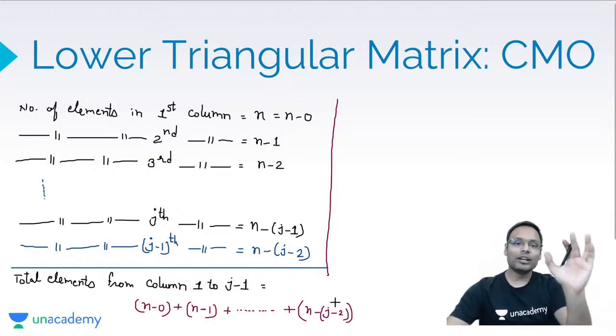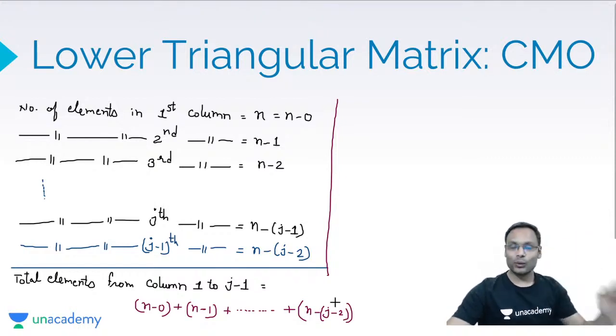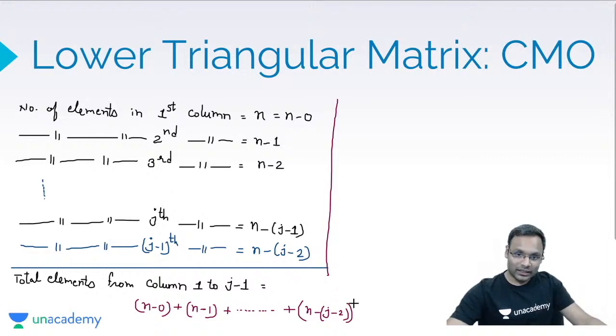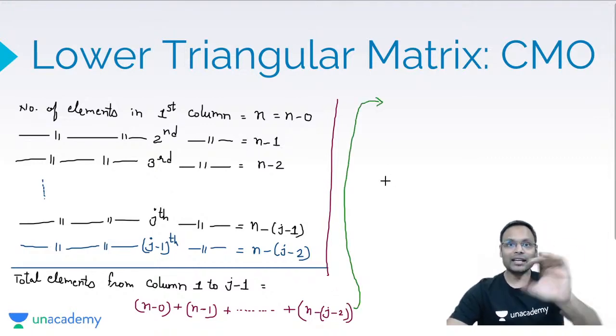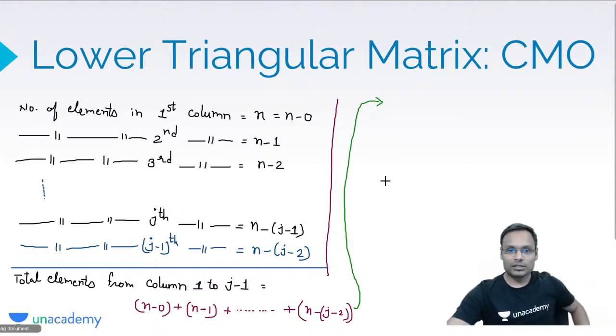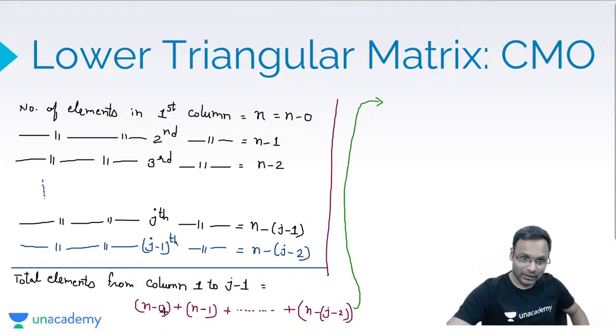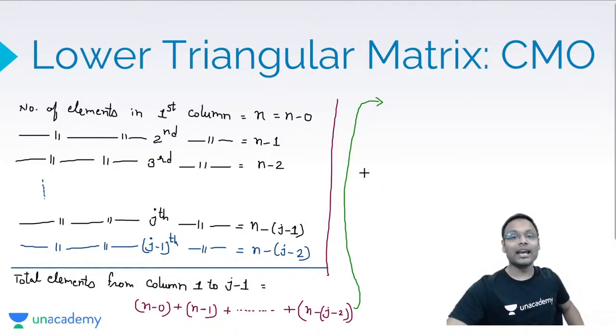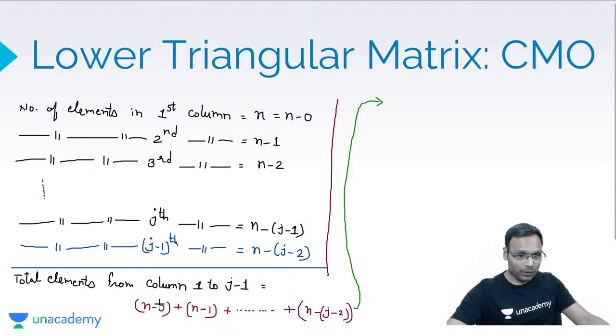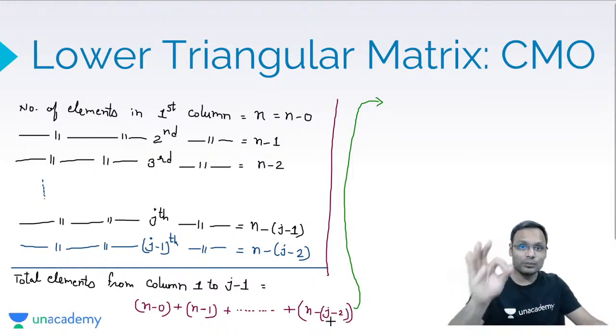Now let's do one thing. To solve this particular equation, what I am doing is I am adding first n. सिर्फ n को टर्म्स को ऐड करो, n plus n plus n plus n. How many times n we have? From 0 to j minus 2 means j minus 1 times n I am having.